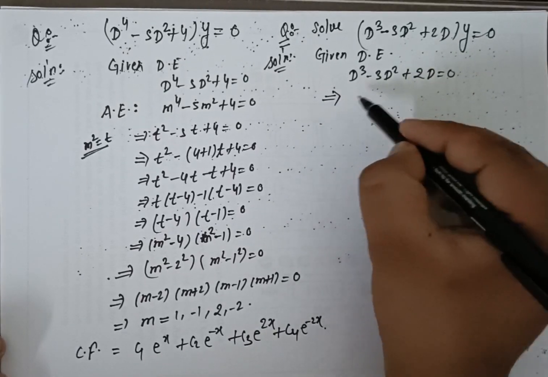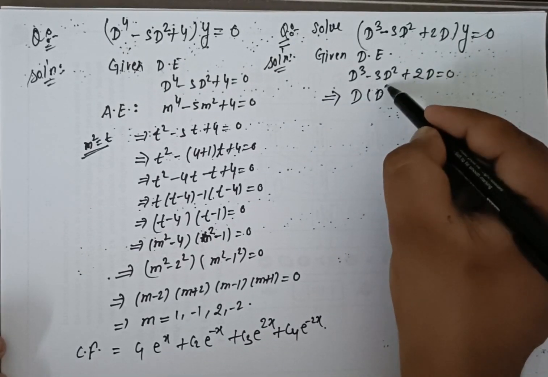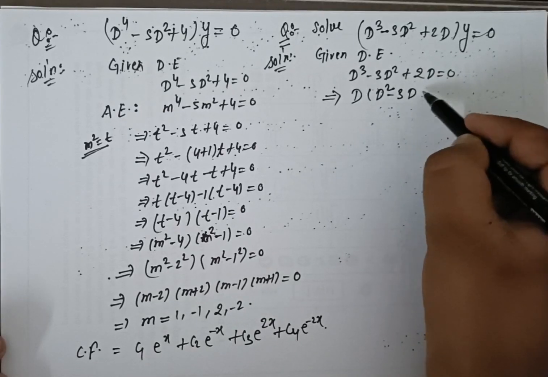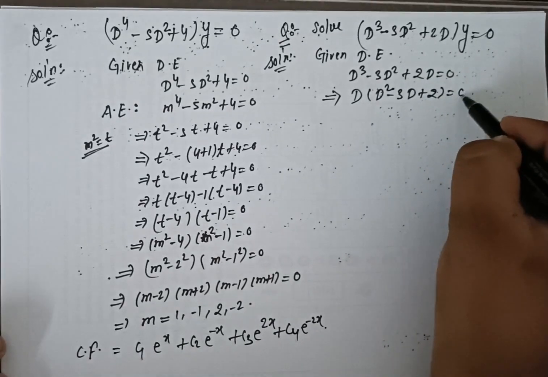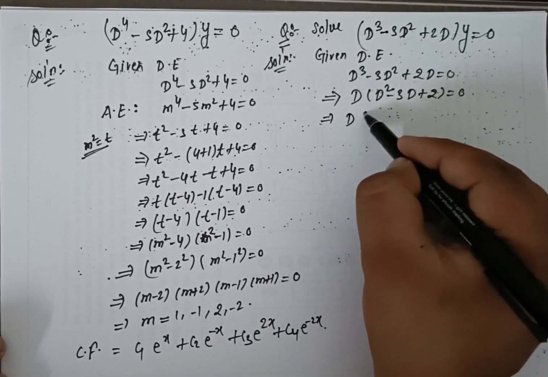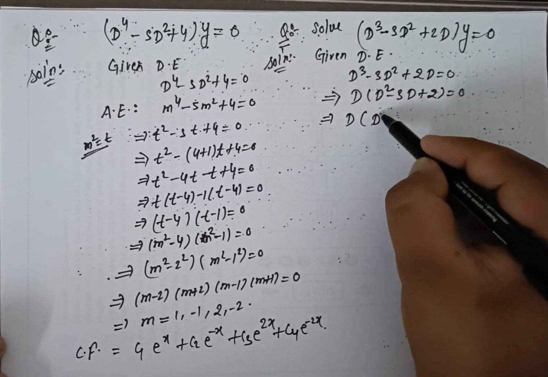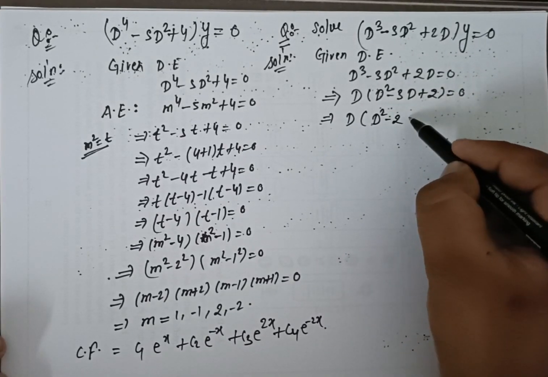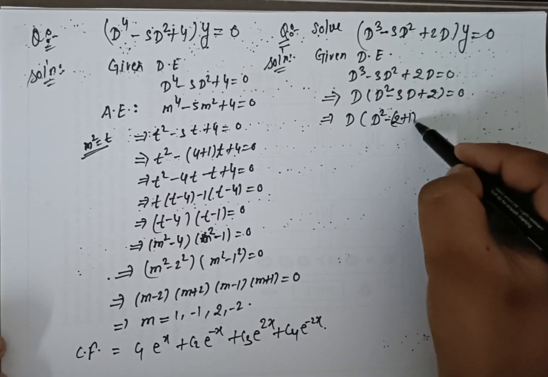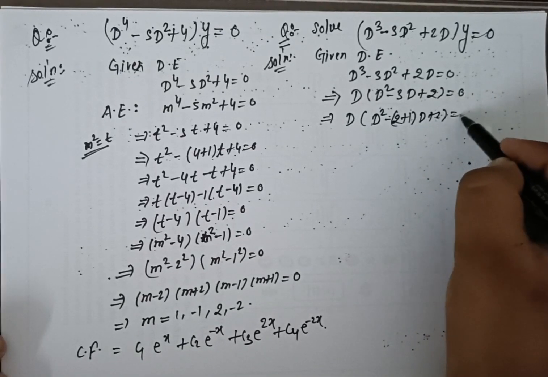So take D common, so it will be D into (D square minus 3D plus 2) equals to 0. Now what about the solution of this? D square minus 2D minus D plus 2 equals to 0.